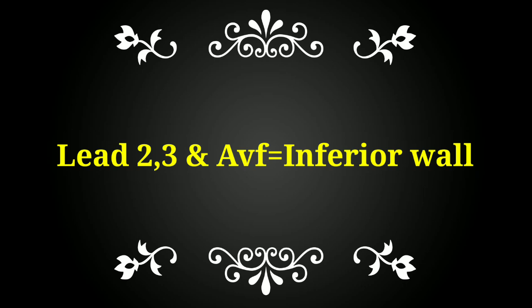What are those groups of leads? First of all, let's talk about the limb leads. Lead 2, 3 and AVF. They are located in a way that they are looking towards the inferior wall of the heart.